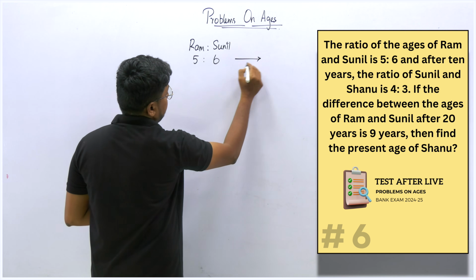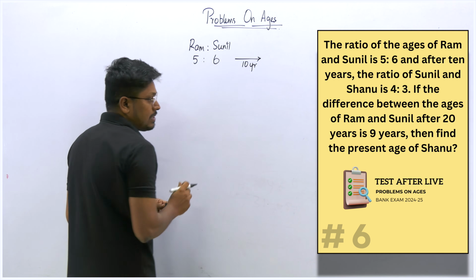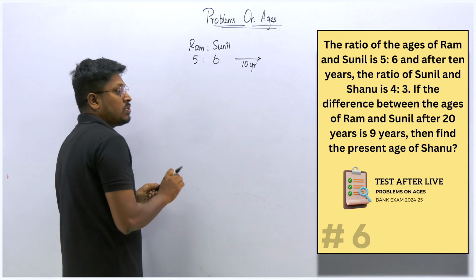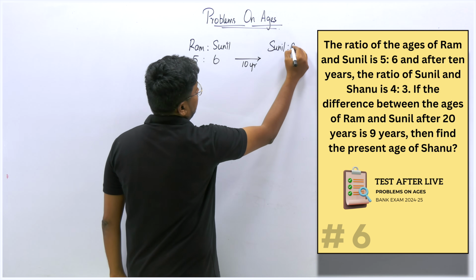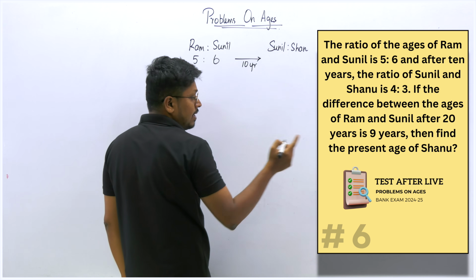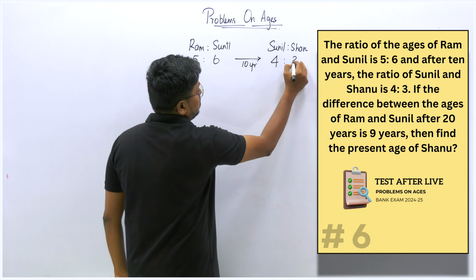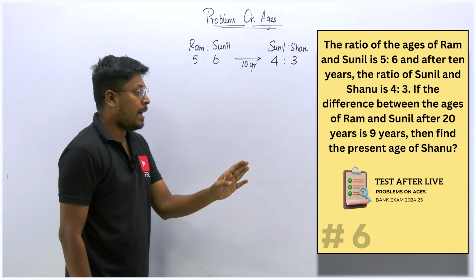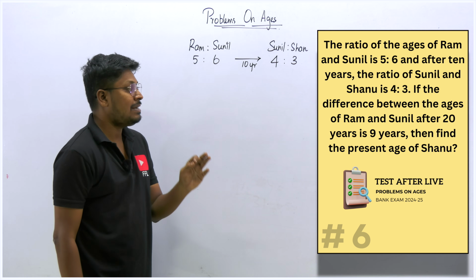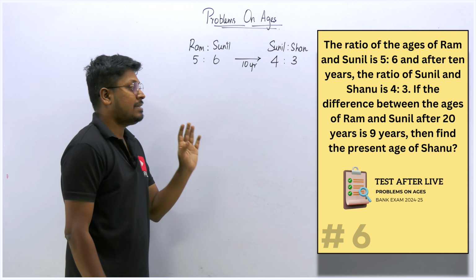After 10 years, the ratio of Sunil and Shannu has been given, which is 4:3. If the difference between the age of Ram and Sunil is 9 years, find the present age of Shannu.